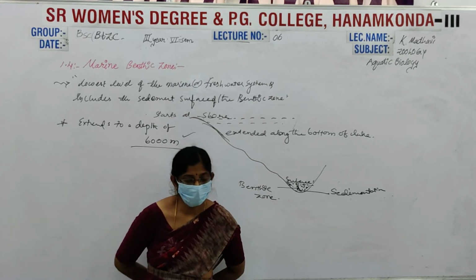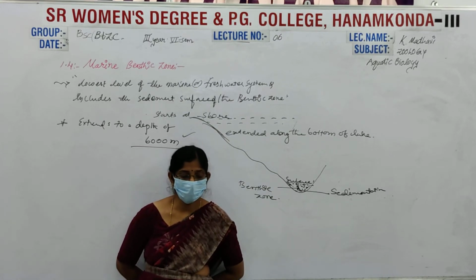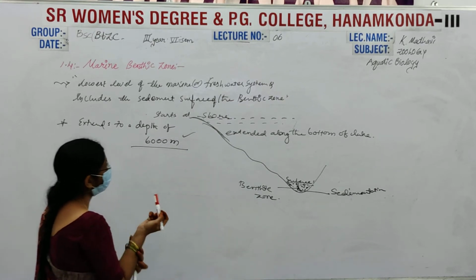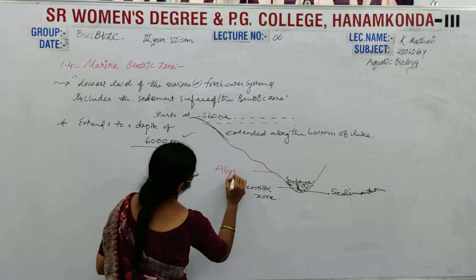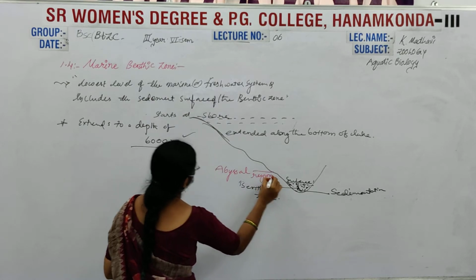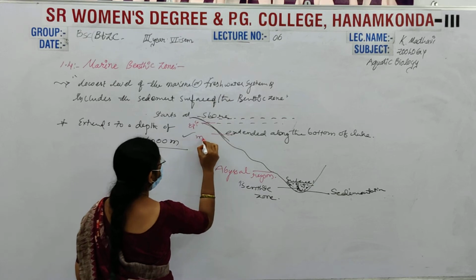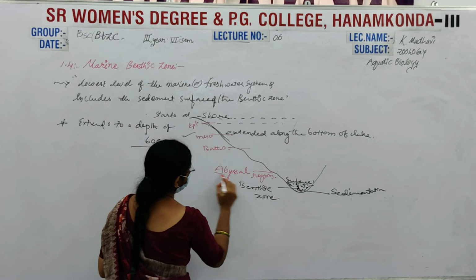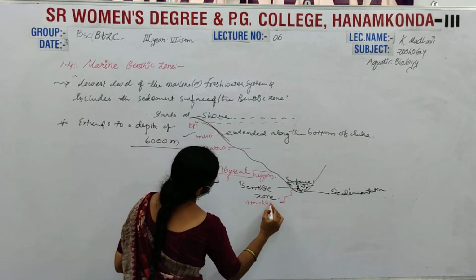And here these also extend, as it is considered with the abyssal plain. This region is known as the abyssal region. Here the epipelagic, mesopelagic, bathypelagic region, and next the abyssal region, and last one the hadopelagic regions.